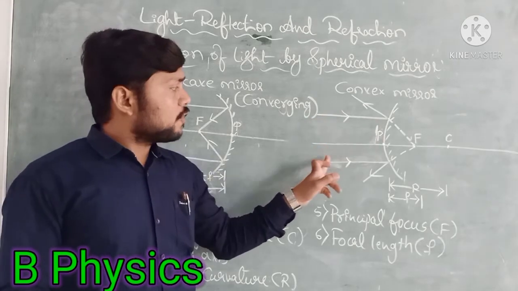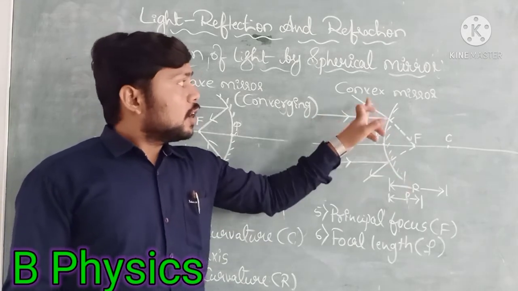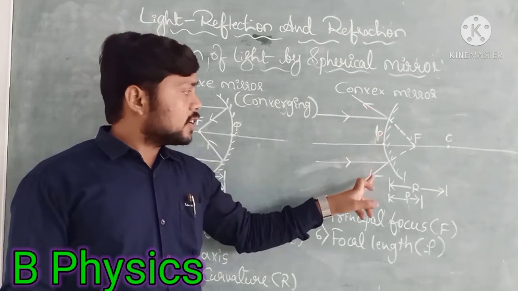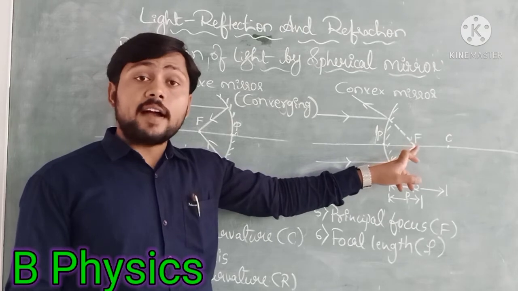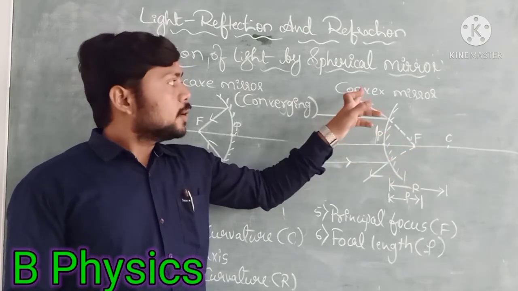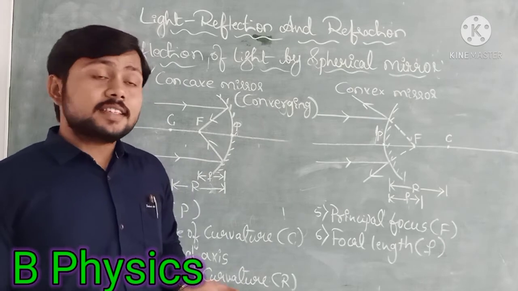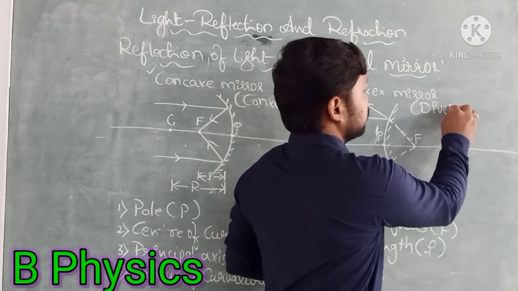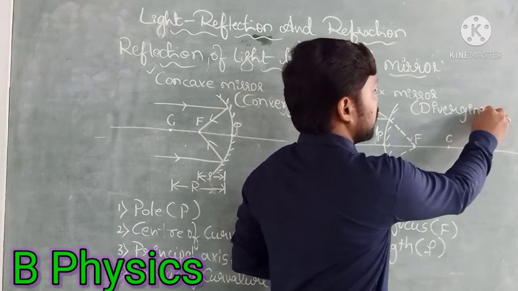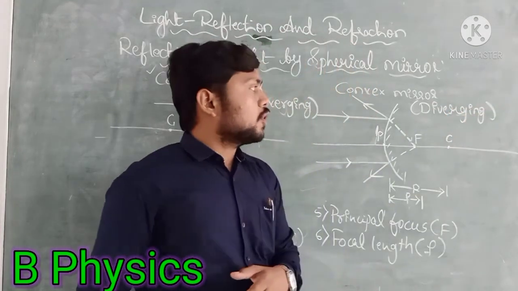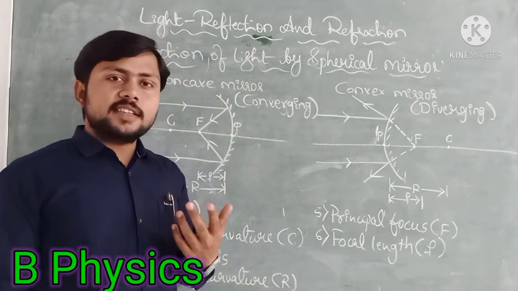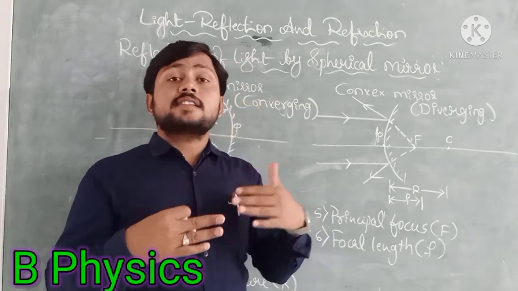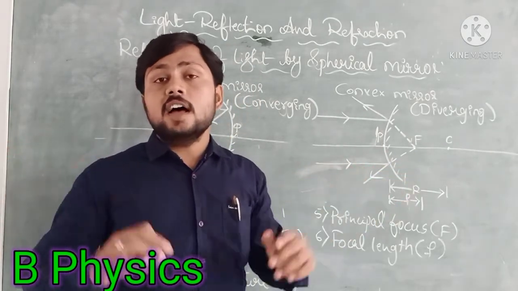Similarly, when a ray of light falls on a convex mirror, they all diverge, and these diverged rays appear to come from a point on the principal axis. Because of that, the convex mirror is also called a diverging mirror. In simple terms, concave mirror converges the light rays, whereas convex mirror diverges the light rays.